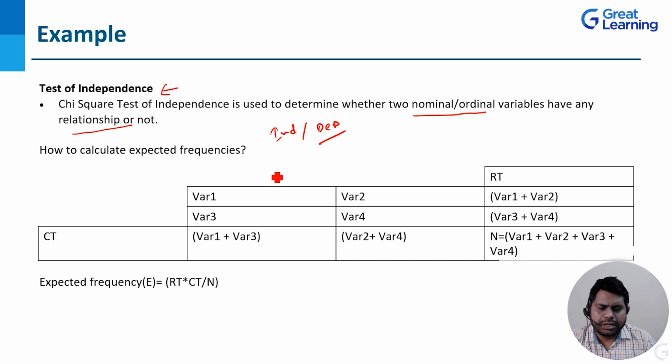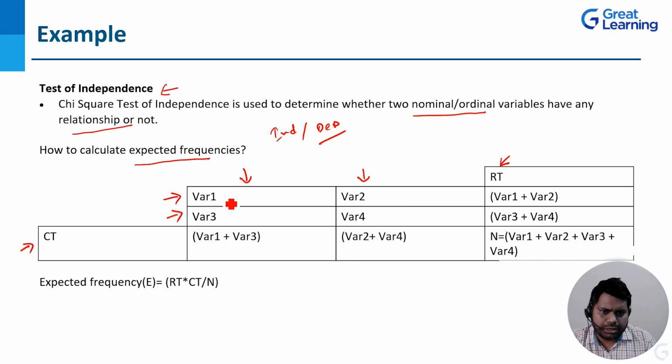So now before we go and solve a problem, let's see how we can calculate the expected frequency. So here we have this variable 1, variable 2, this is row wise, this is row wise. So we have 2 rows, 2 columns. So it's a 2 by 2 matrix, or 2 by 2 table. So now we can see this is row wise, this is column term.